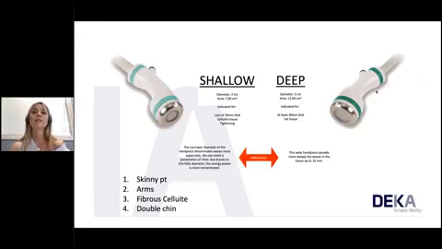And it's used for the new field of application of Onda, which is the submental area. And attention, it's used for the treatment of fibrocellulite. So when we have a very fibrous cellulite in stage 3 and 4, instead of using the deep NPs, we will use the shallow NPs.